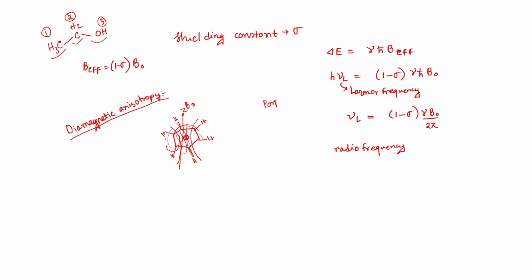I am not going to draw it with proper justice, I am just going to draw something like this. Get the idea that in this kind of aromatic system, there are also protons outside.